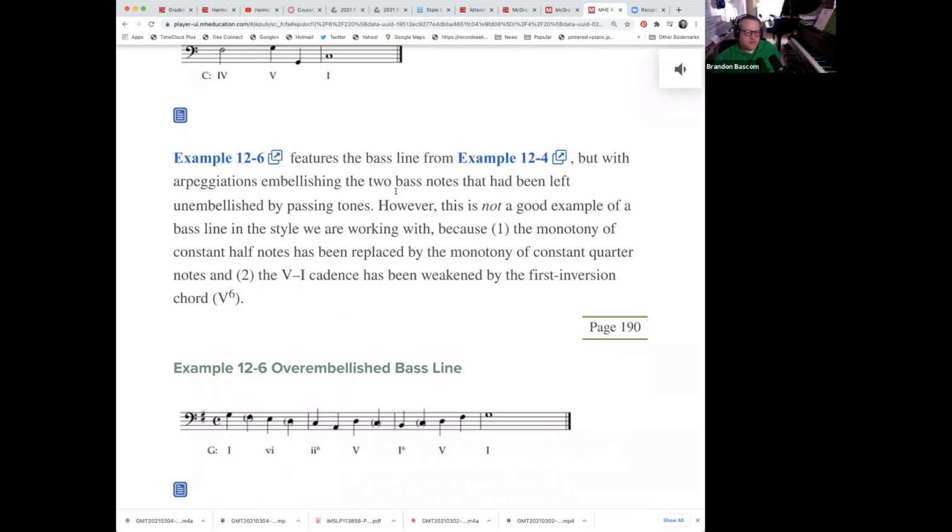Example 12-6 features the bass line, but with arpeggiations embellishing the 2 bass notes that had been left unembellished by passing tones. However, this is not a good example of a bass line in the style we are working with because, number 1, the monotony of the constant half notes has been replaced with the monotony of constant quarter notes, and 2, the 5-1 cadence has been weakened by the first inversion chord.